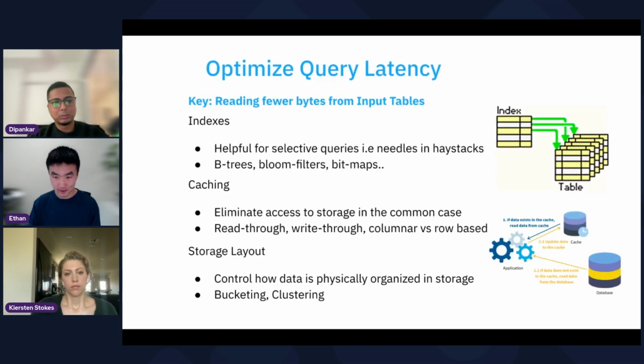The third way, which is of particular interest in this talk, is the storage layout. So what does it mean? It controls how data is physically organized on storage, meaning which records are in which files. We'll see how this can affect query latency in the next few slides. And clustering particularly solves this problem, reorganizing the data on storage so that it's better for the query engine.